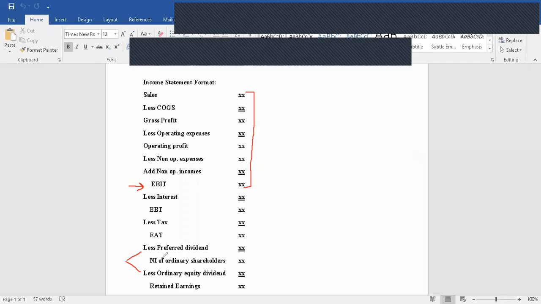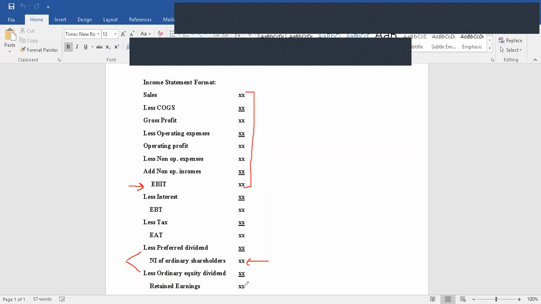The balance of the entire amount of profit available here belongs to the ordinary equity shareholders. The company can decide to distribute the entire amount to them, or a part of it, and the rest is retained in the business as retained earnings.